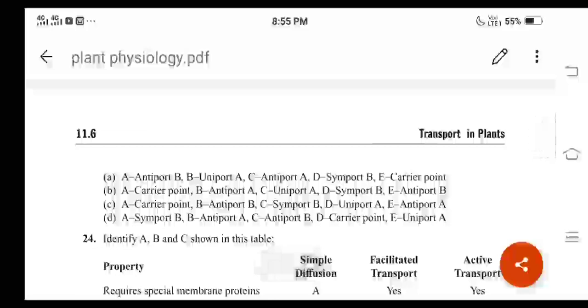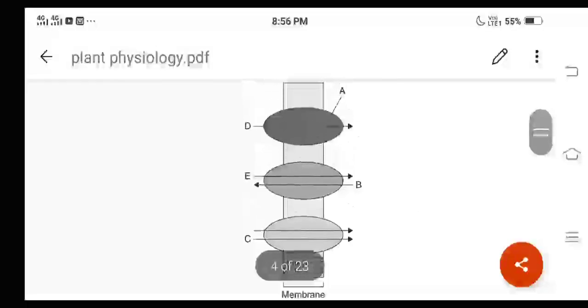Okay, A is not a carrier point, carrier protein. Carrier protein you mention like this, or you try to understand like this, right? A is carrier protein, B is antiport B, then C is symport B, then D is uniport A, then E is antiport A. Okay, and try to understand the question. Option C is the correct answer, right? Option C is the correct answer for this diagram.